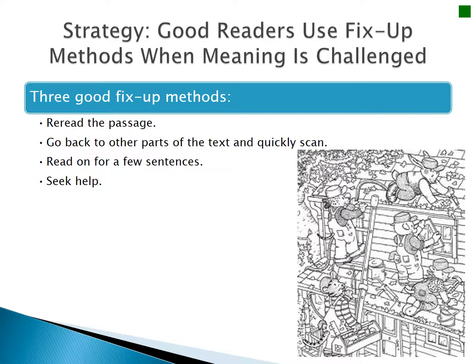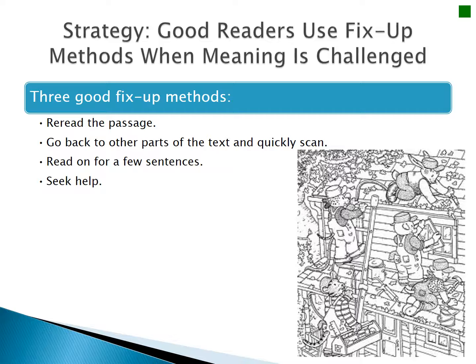So this is actually a set of methods that I had posted on my classroom wall when I was teaching, that these are good fix-up methods. Reread the passage. That's one of the best ways to help your comprehension whenever you don't understand.